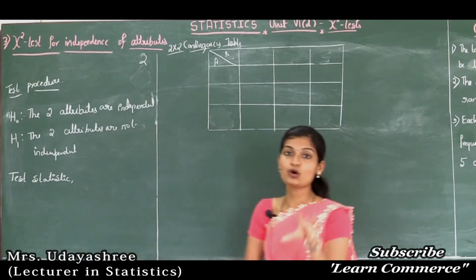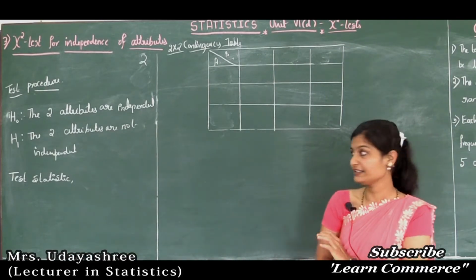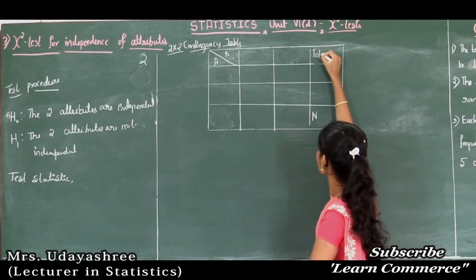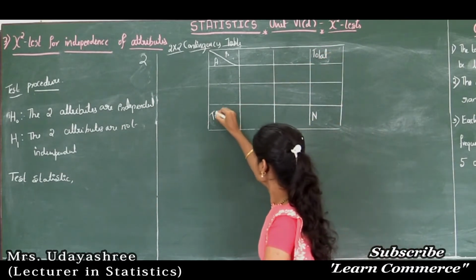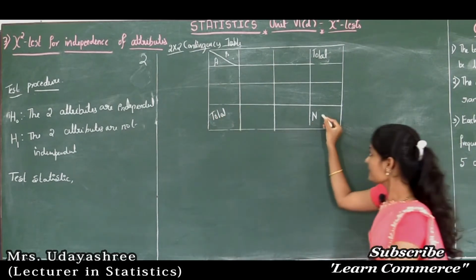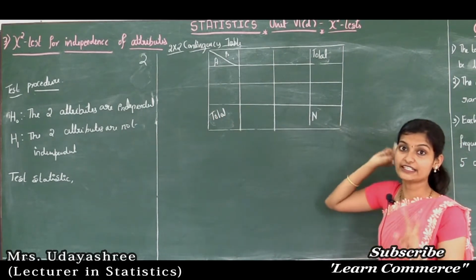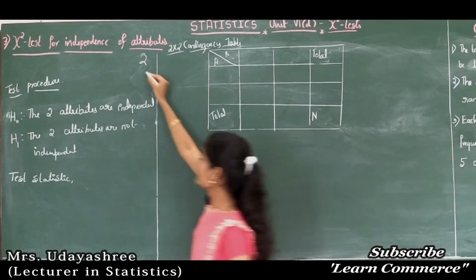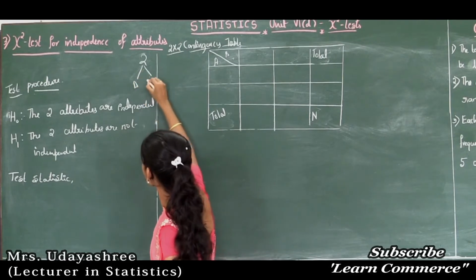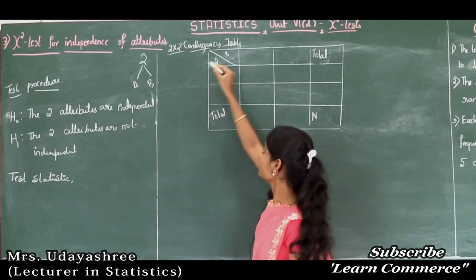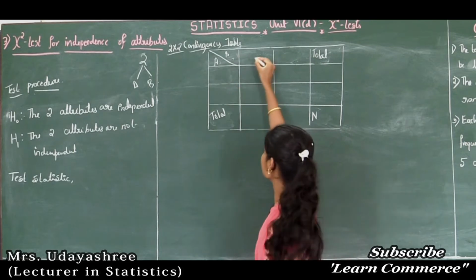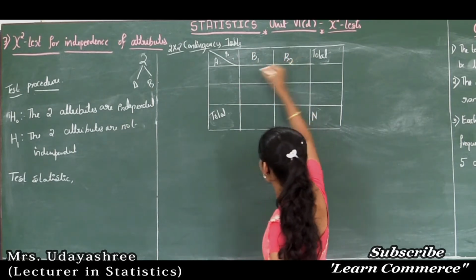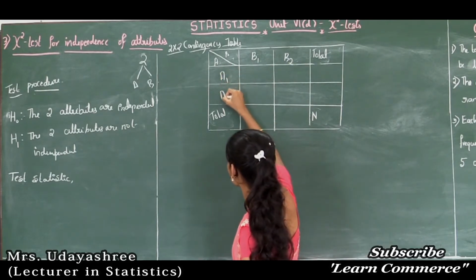We know that the total observation is denoted by capital letter N, so I will write here that the total observation is capital N, and here N observations are classified with respect to two attributes, A and B. So I will write here A and B, and here these columns are B1 and B2, and here I will write A1 and A2.